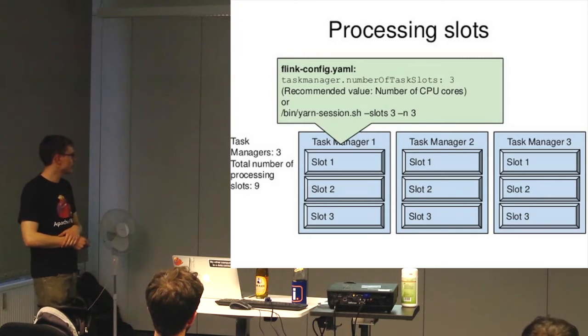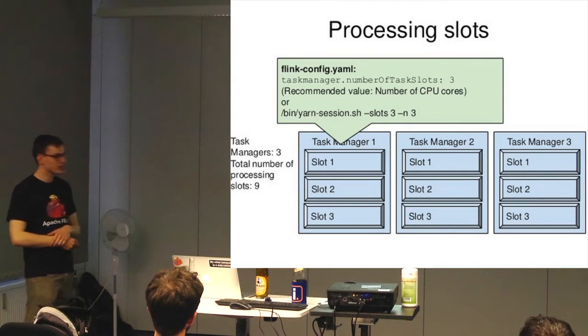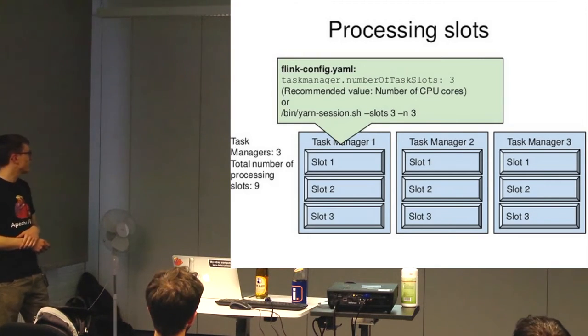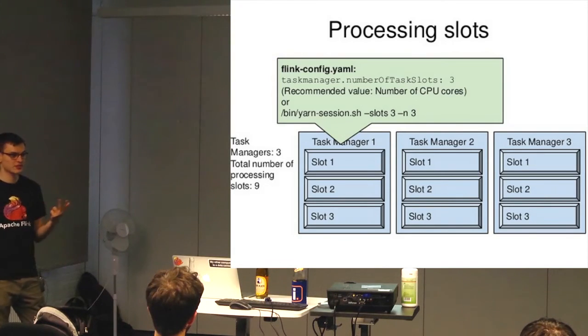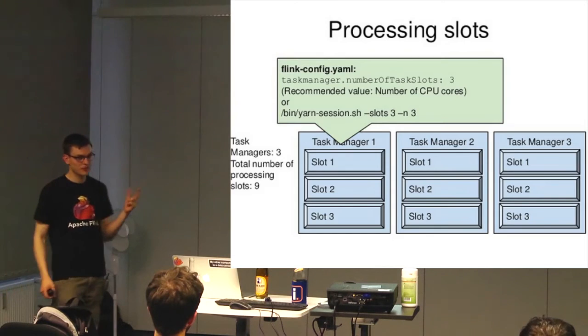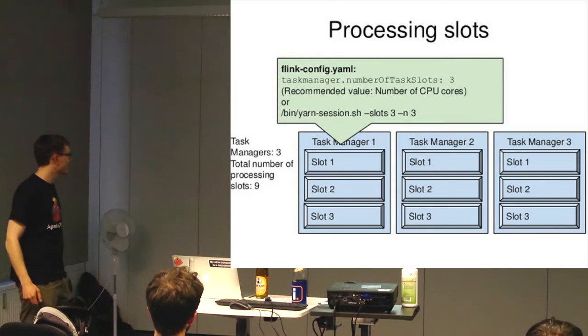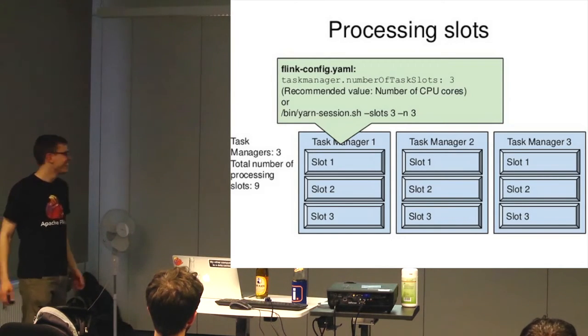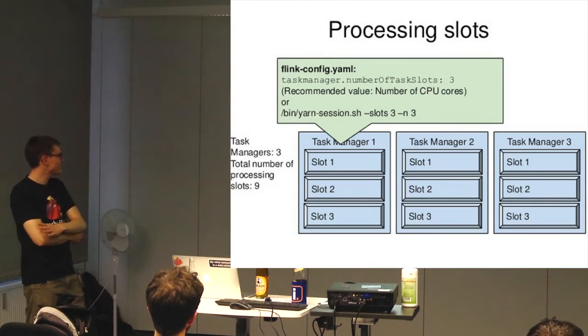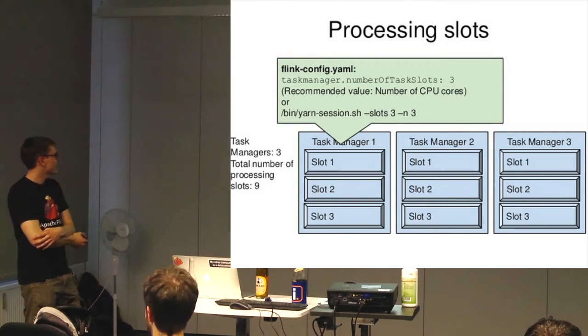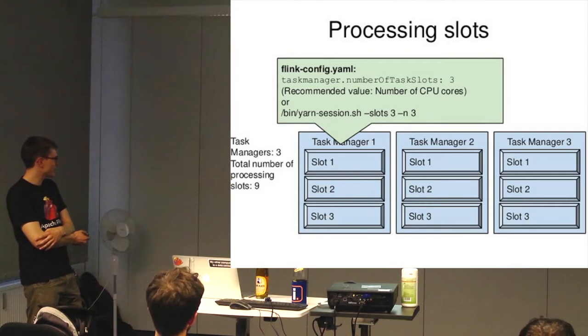So imagine you have 3 machines, each runs a task manager, and you configure each task manager to have 3 slots. So an imaginary system with 3 CPU cores. So in total you have 9 processing slots. You can also tell the yarn session to create 3 machines with 3 slots.